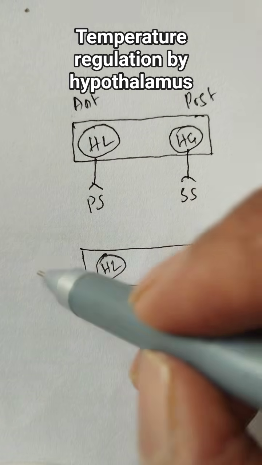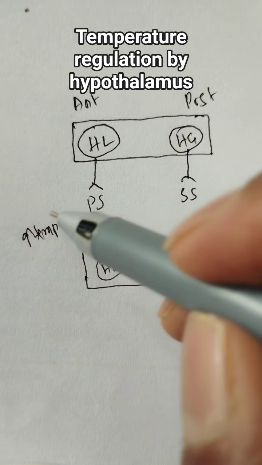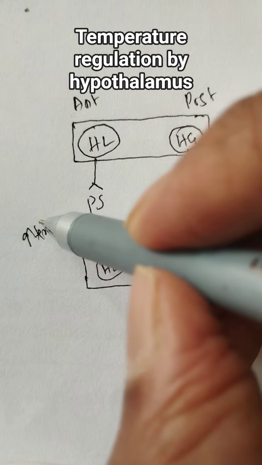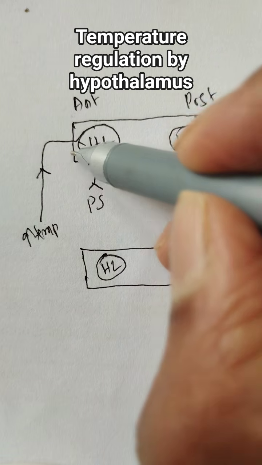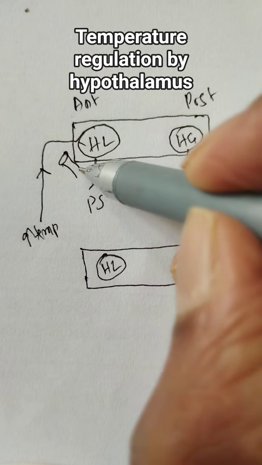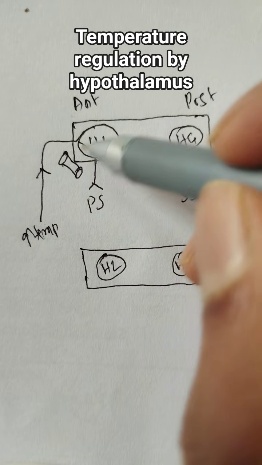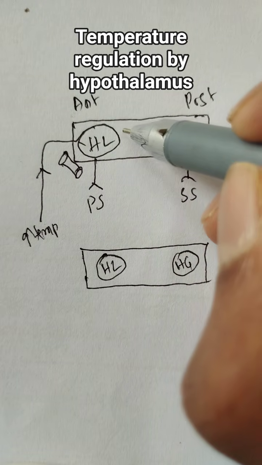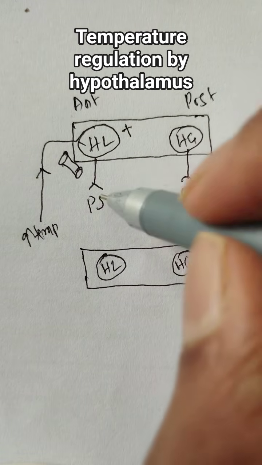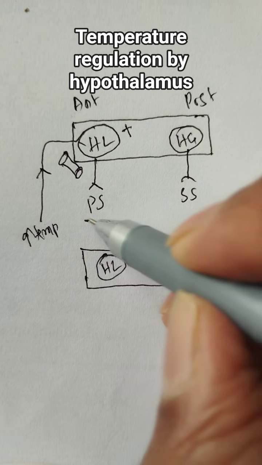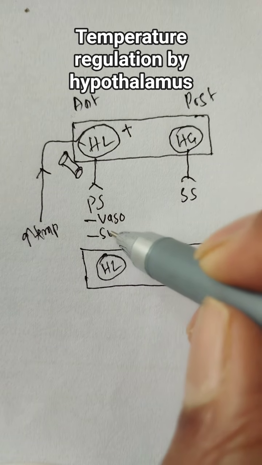Whenever there is an increase in the body temperature, that will be detected by the blood vessels, and the skin temperature is detected by the receptors over the skin. It goes via the afferents, and the blood vessel temperature is detected by the thermoreceptors which are present in the anterior hypothalamus, which is going to stimulate the heat loss center, which in turn stimulates the parasympathetic activity, leading to vasodilatation and sweating.